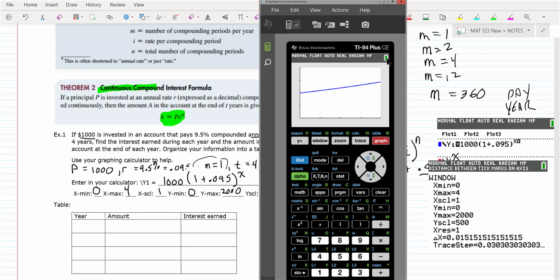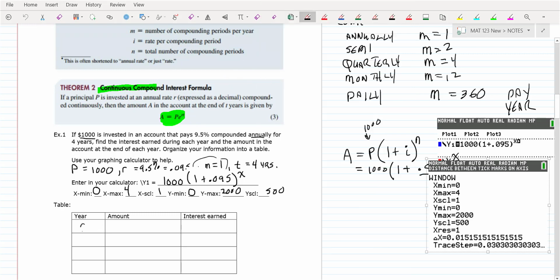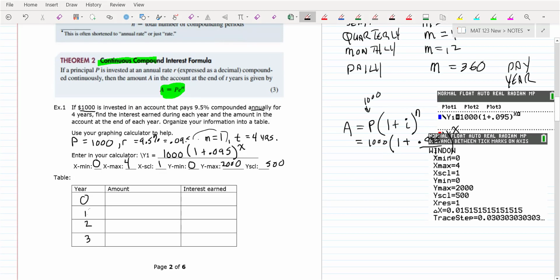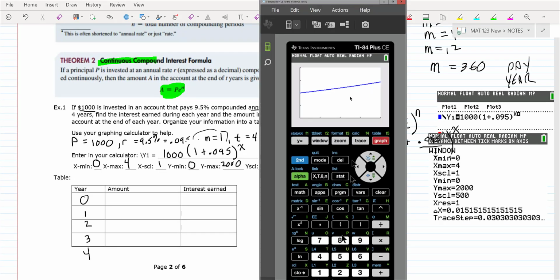All right, so what we want to do is just put in the first year as 0, 1, 2, 3, 4, like that. And we do interest at the end of each year and then add one more line to it like that. This thing is just not behaving.